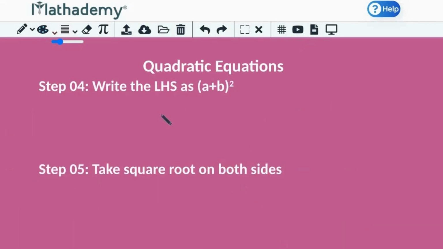So now in the next step, I write the LHS as (a − b) the whole square. I've already done that. It is (x − 5/4) the whole square = 1/16. Now take the square root on both sides.